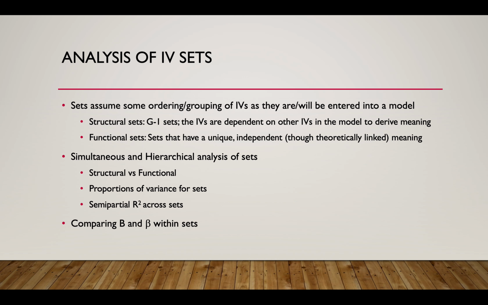Structural sets tend to be sets that have no meaning outside of themselves. So, for example, the most common structural set that we see is categorical variables that have been dummy coded one way or another.